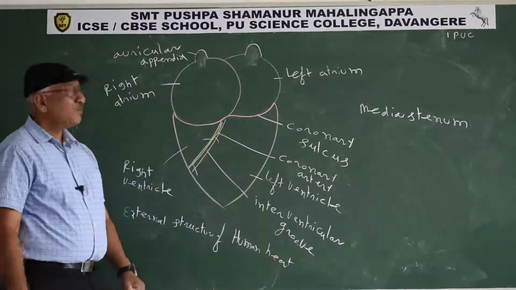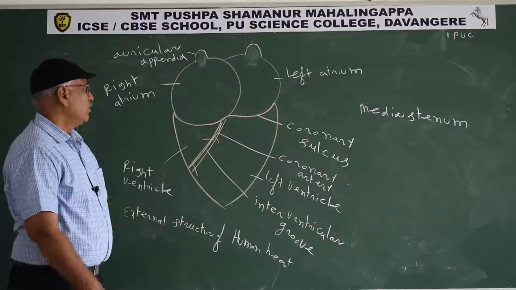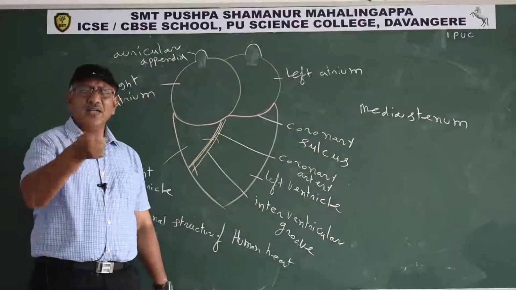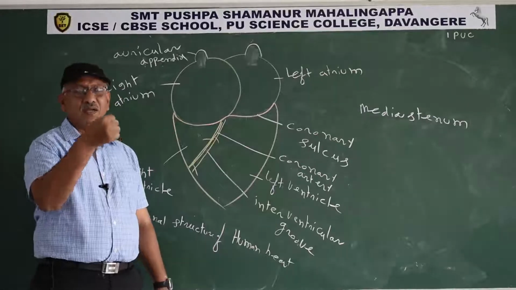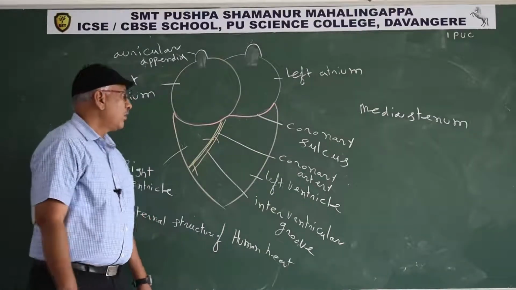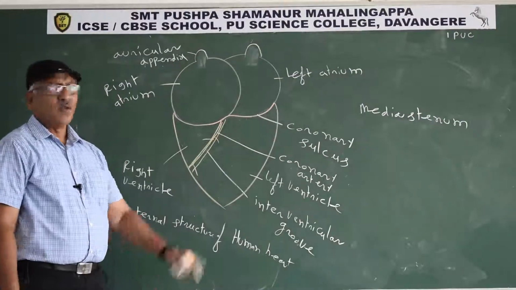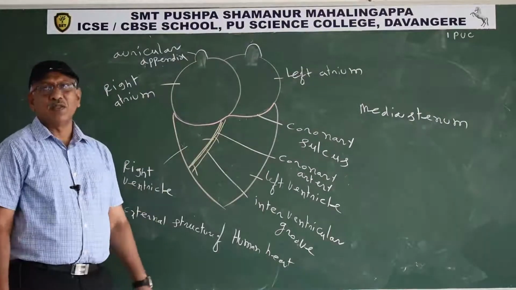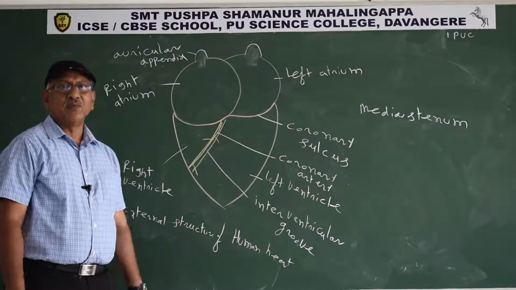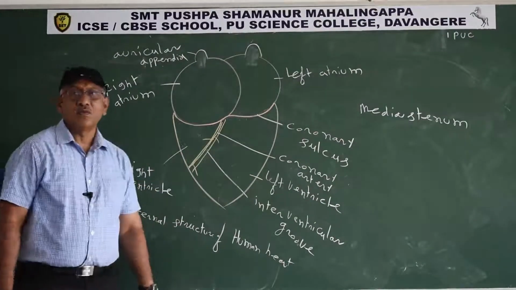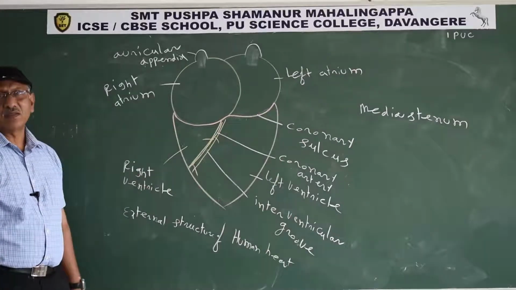So once again, our heart is four-chambered and is like a tightly held fist, present in the mediastinum. What is the mediastinum? The empty place present between the two lungs is known as the mediastinum. It has two atria and two ventricles.